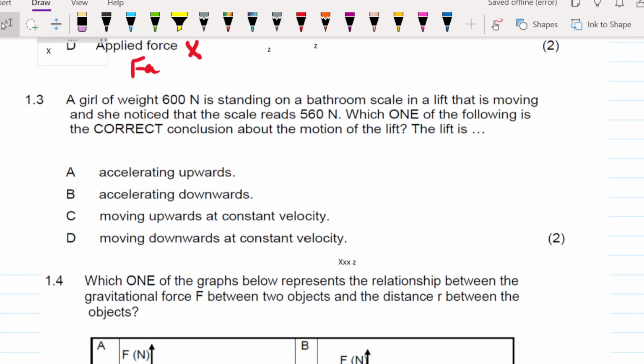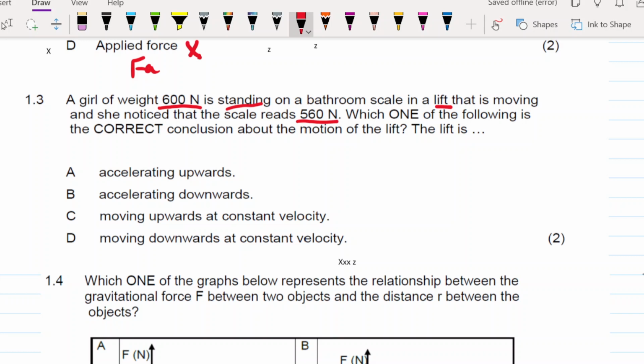Okay, now for question 1.3, the question is saying a girl of weight 600 Newton is standing on a bathroom scale in a lift that is moving, and she noticed that the scale reads 560 Newton.